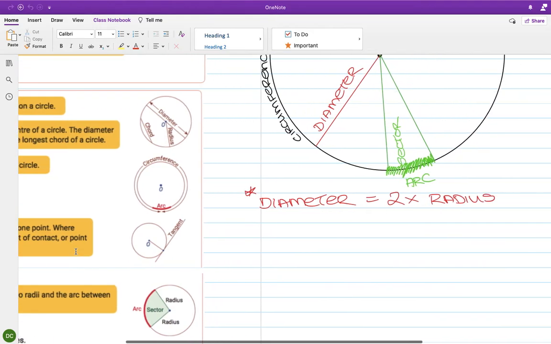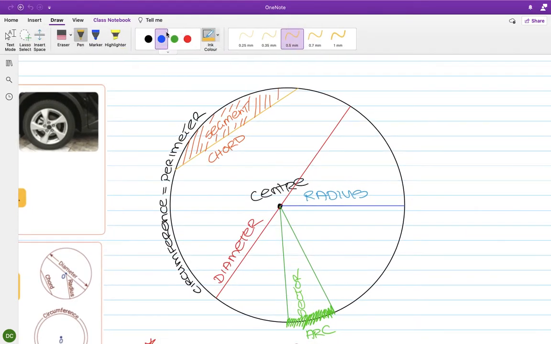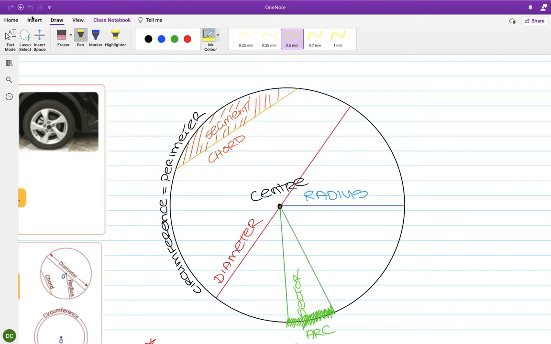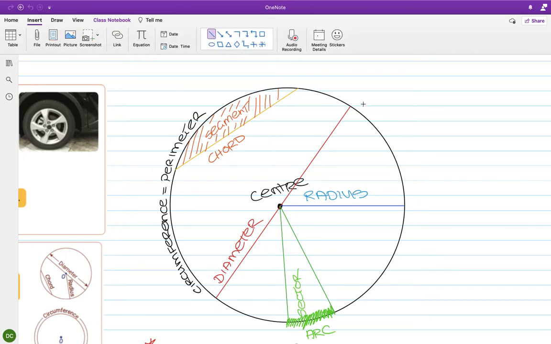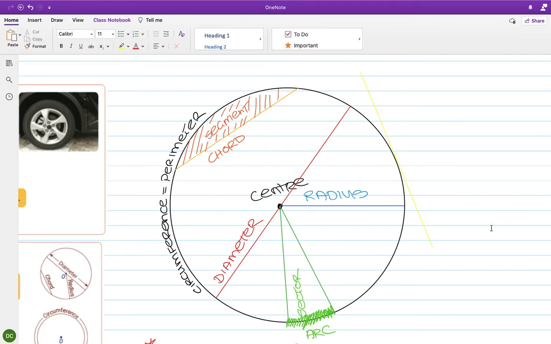Ooh, tangent I didn't do. Let me do a tangent. Go yellow. Okay, so that's a tangent.